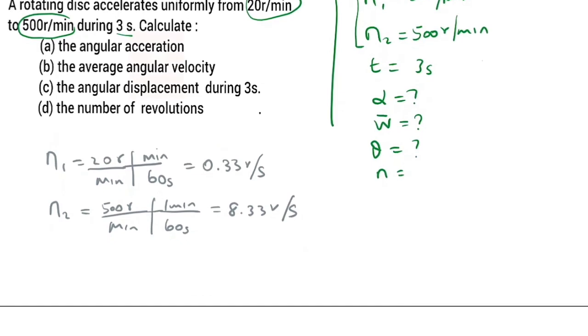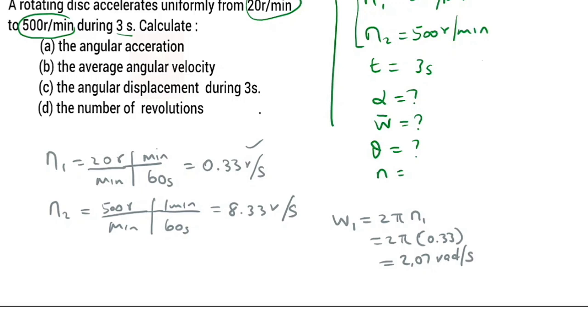We have to calculate the angular velocity 1. It is 2 pi n1. So 2 pi n1, here put brackets 0.33. This is going to give us angular velocity 1 to be 2.07 radians per second.